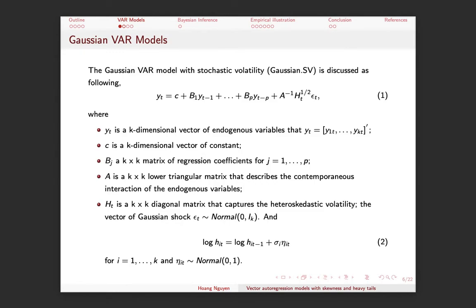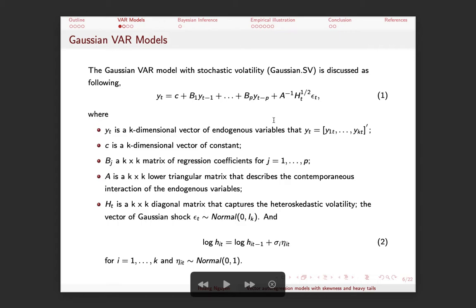So the Gaussian VAR models with stochastic volatility can be written in the first equation. Yt here is a k-dimensional vector of the endogenous variables that is regressed on its p lags and added with a Gaussian structural noise, where C is a vector of constants, and B is a regression coefficient matrix, and the matrix A is a lower triangular matrix that describes the contemporaneous interaction of endogenous variables, and Ht can capture the heteroscedastic volatilities of the Gaussian structural shock epsilon.